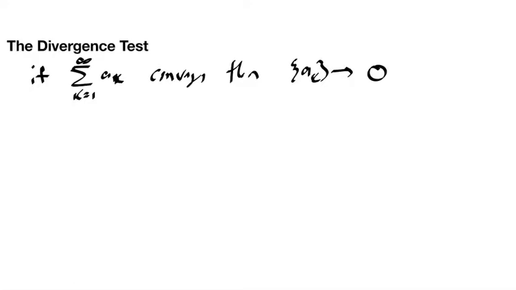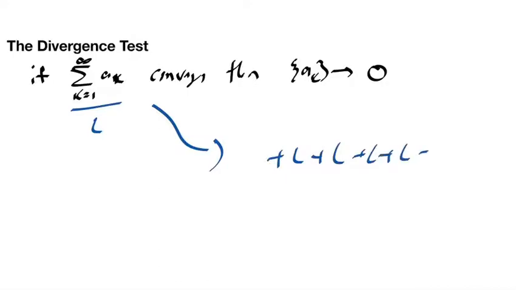By the way, this makes complete sense, right? Because if it doesn't converge to 0, then this ends up being bigger than some L value, but then your series at the end ends up being plus L, plus L, plus L, plus L, and so on.